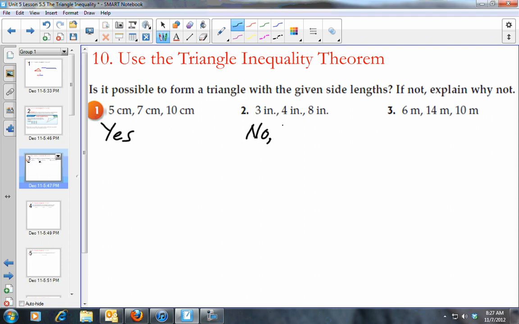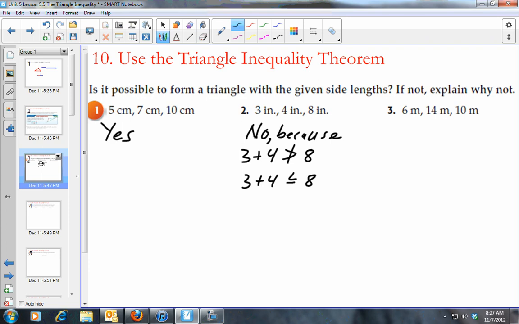No, because 3 plus 4 is not greater than 8. You do a greater than with a not through it. Well, here's the thing, you could say 3 plus 4 is less than or equal to 8 if you'd rather.